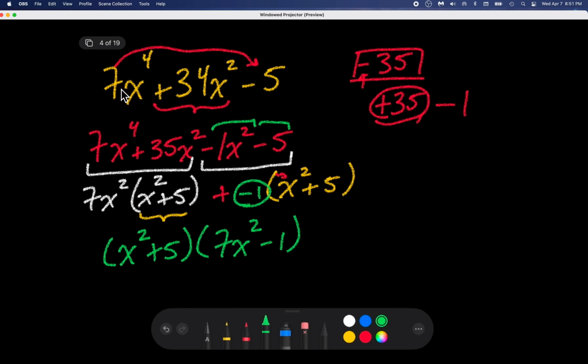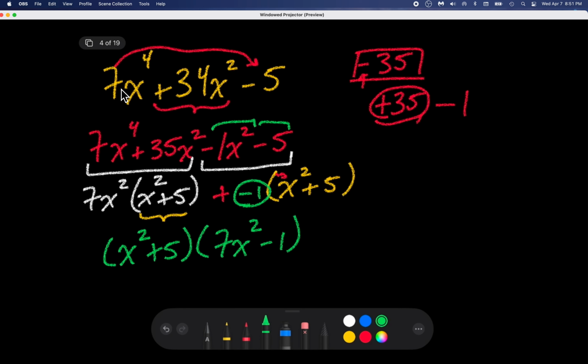That allows us to pull out 7x squared. We're left with x squared plus 5. We immediately insert it over here, and we ask ourselves, what number multiplied by this expression here is going to give us this? And that gives us negative 1. We then pull out the x squared plus 5 as the greatest common factor, and we're left with this.